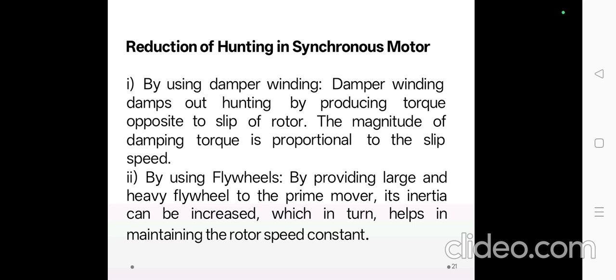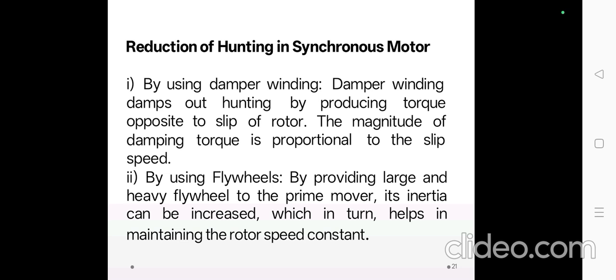Actually, it is mentioned earlier that in the slots of the alternating pole faces, a short circuited winding is placed. This is called damper winding. When the rotor starts oscillating, that is when hunting starts, a relative motion between the damper winding and the rotating magnetic field is created.